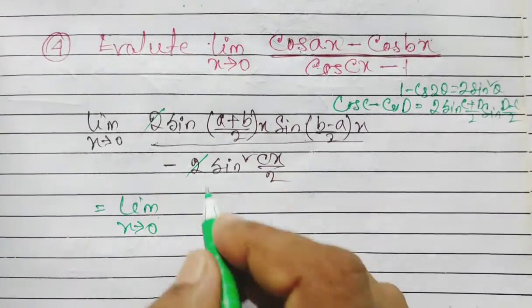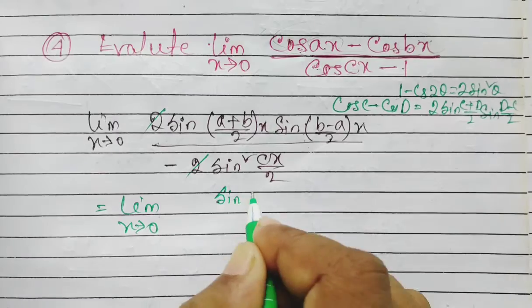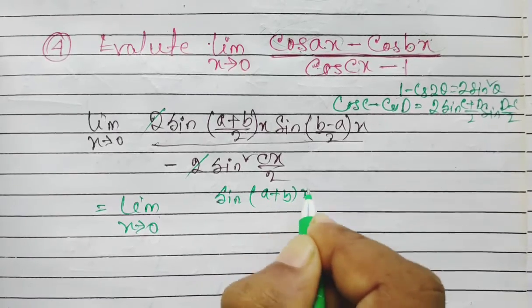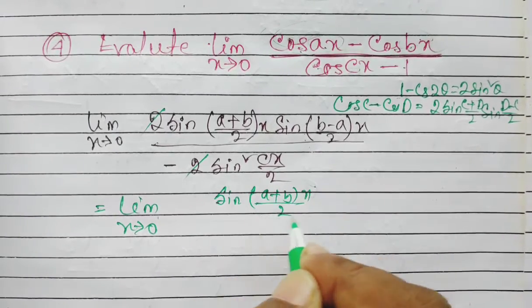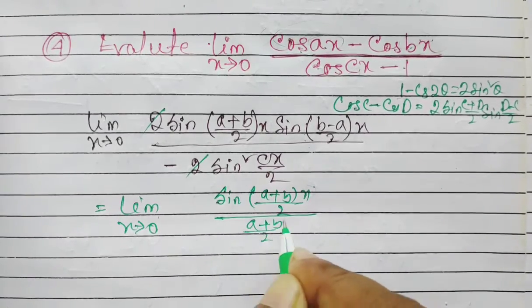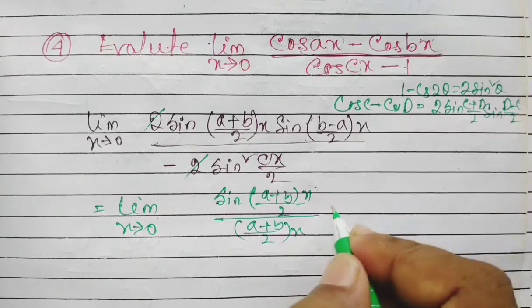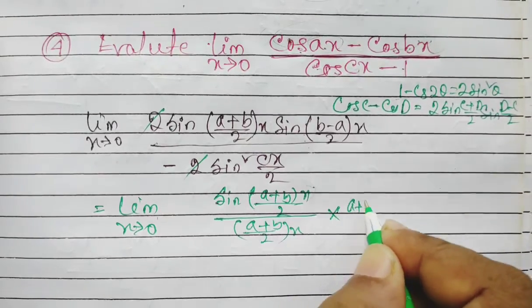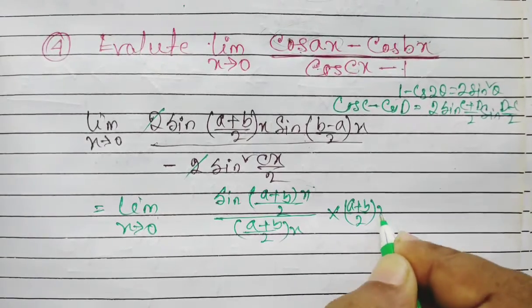Sin a plus b by 2 again cancelling out, so sin (a plus b)x by 2. For this function we have to divide by (a plus b) by 2 into x, so write here (a plus b) by 2 into x.